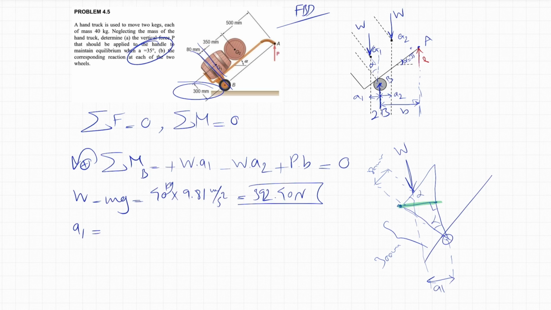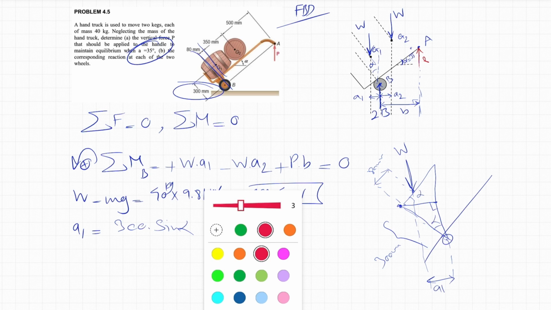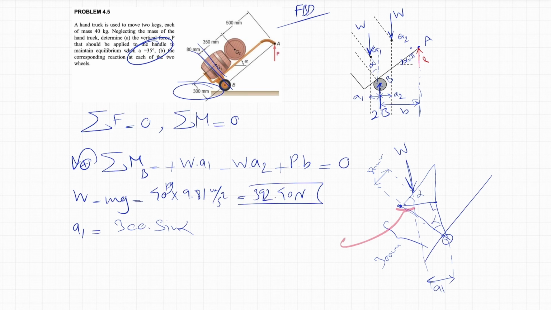So we have this right triangle in here, and for finding the green part, 300 times sine of alpha would give us the green part. And if we want to find what I'm showing in red in here, we see that 80 times cosine of alpha would be that distance.